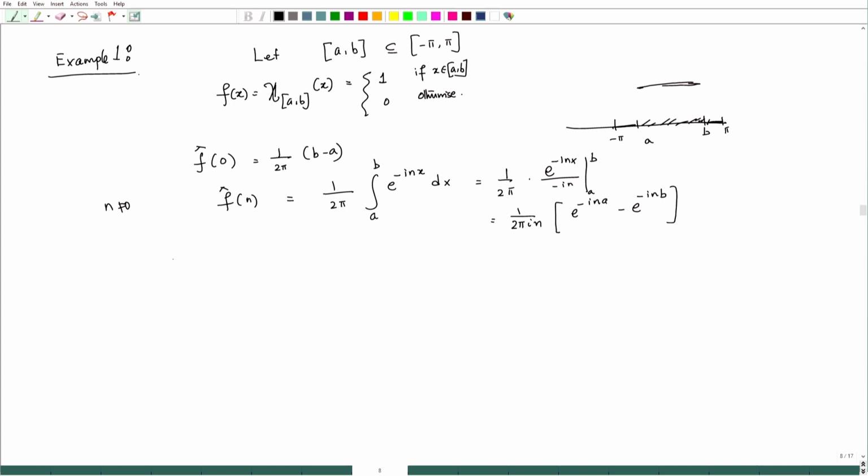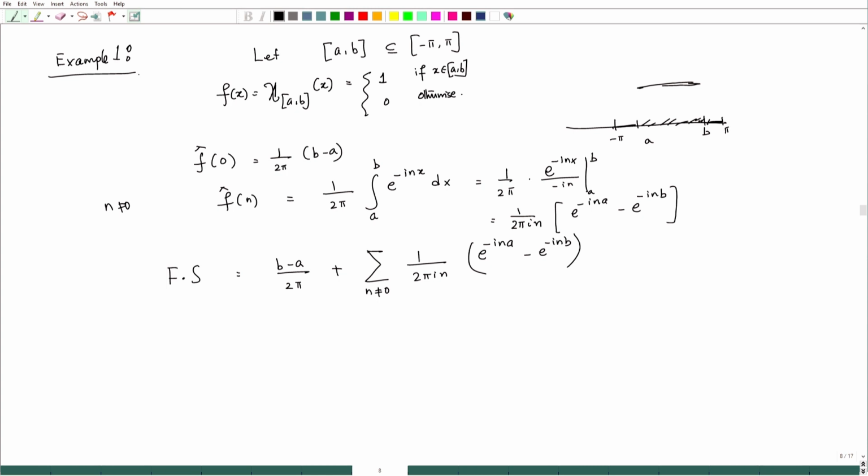Therefore, the Fourier series is equal to b minus a by 2 pi plus summation over n in Z, n not equal to 0, of 1 by 2 pi I n times e to the power minus I n a minus e to the power minus I n b.